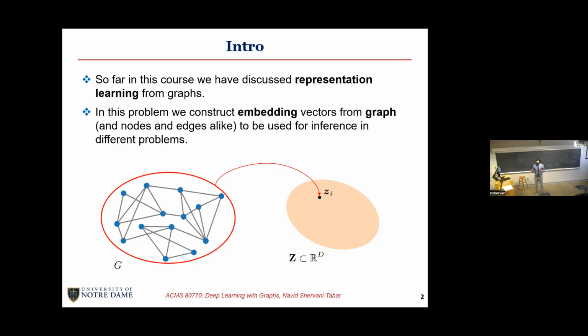Then this real valued vector was going to be used for downstream tasks, for instance, classification and regression of graphs. Similarly, we looked at how to generate embeddings for nodes, edges, subgraphs, and so on.